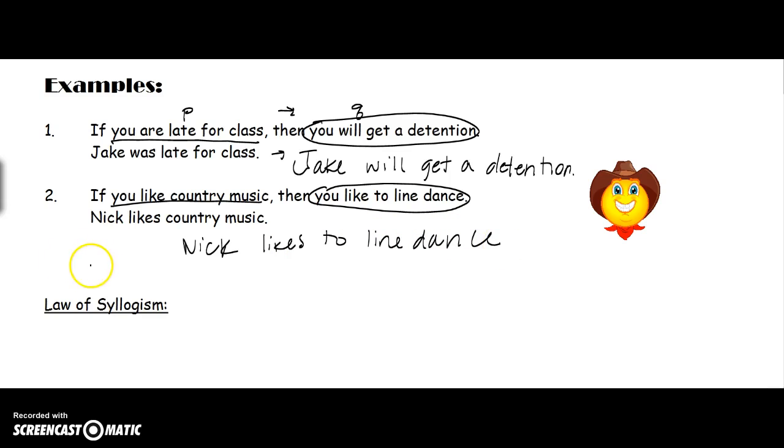If it said, let's say, Joe likes to line dance, instead of Nick likes country music, because it went right to the conclusion, it's no conclusion, because we didn't have that hypothesis saying Joe likes country music, so we can't say Joe likes to line dance right away. So we would write no conclusion.